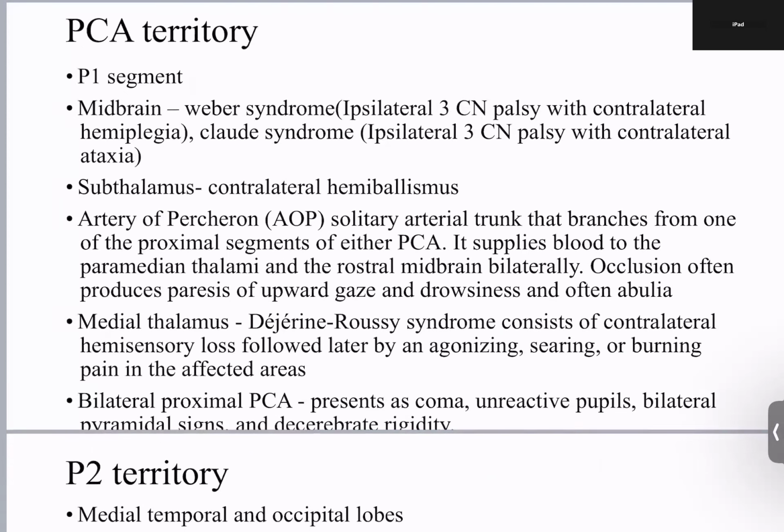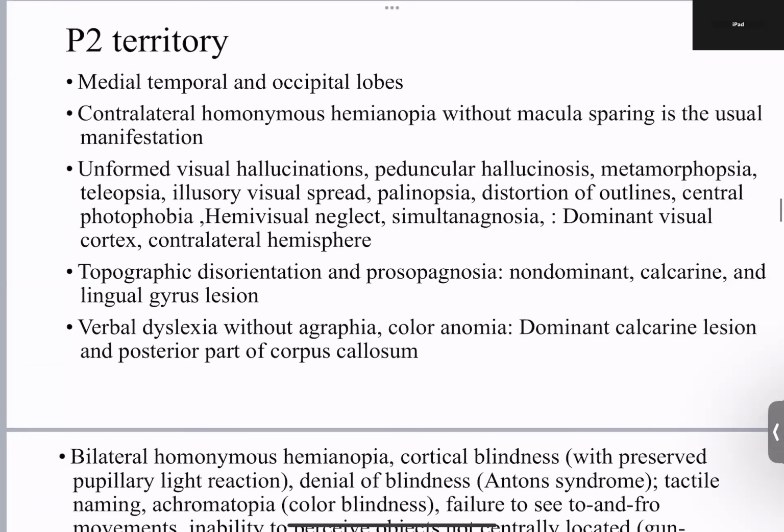Moving on to posterior cerebral artery territories, the P2 territory mainly supplies the medial temporal and occipital lobes. Contralateral homonymous hemianopia without macula sparing is the usual manifestation.